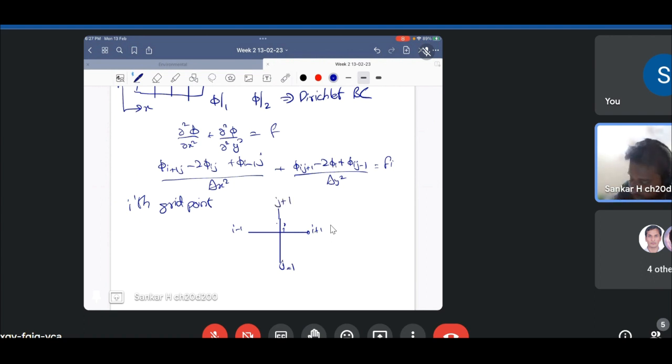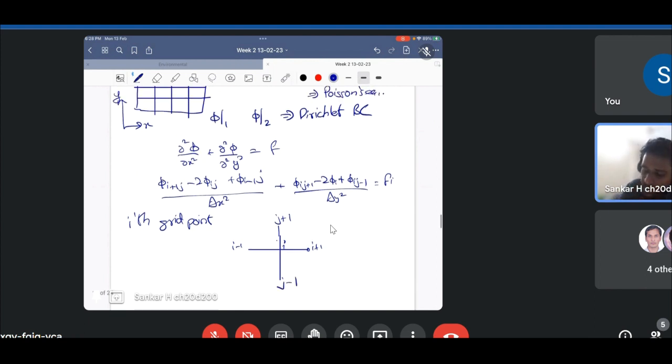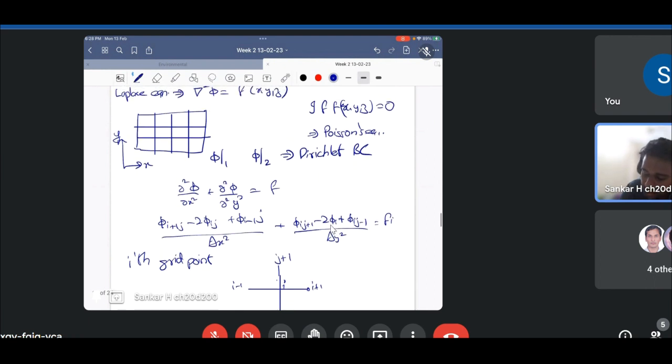So we see that we basically want the values of the function at i minus 1, i plus 1, j plus 1, j minus 1, and i in order to solve this equation.